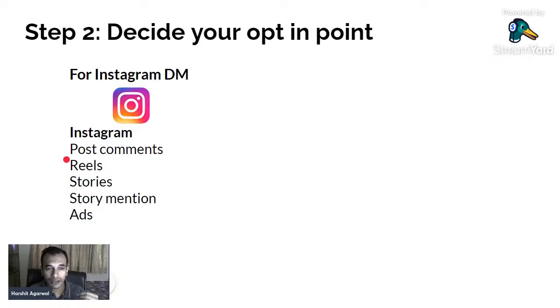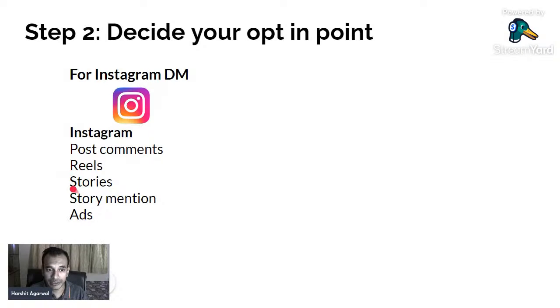So if the business has a lot of followers on Instagram, then they can create a post and ask people to comment. Once people comment, the automation can be triggered and the lead magnet can be delivered in an automated fashion. We can deliver the lead magnet through reels, so people can comment on the reel.